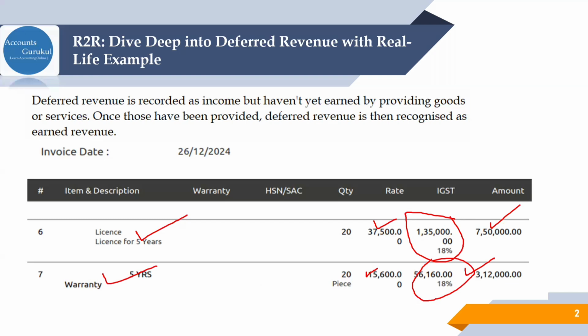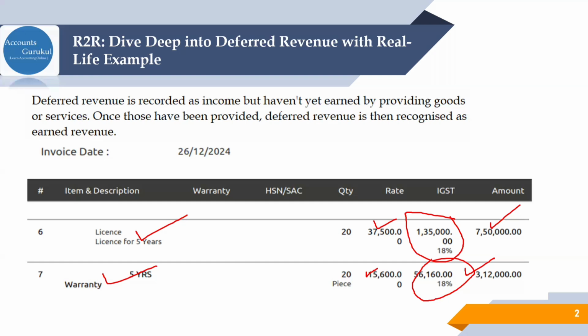The day when we raise this invoice on 26th of December 2024, have we delivered the entire services to our customers? No, we haven't delivered that. We are making the commitment that this license is going to be for 5 years and the warranty is going to be for 5 years. So we are there to support you for the next 5 years towards these licenses and warranty.